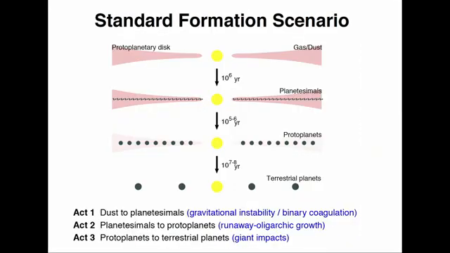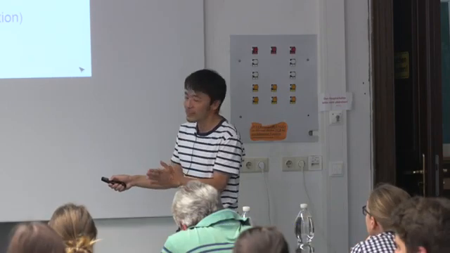Okay, so what is this standard formation scenario? This is a cartoon describing it. This is the edge-on view of the protoplanetary disk. The formation scenario consists of three stages or three acts. The first one is the formation of planetesimals from dust. The second one is the formation of protoplanets from planetesimals.